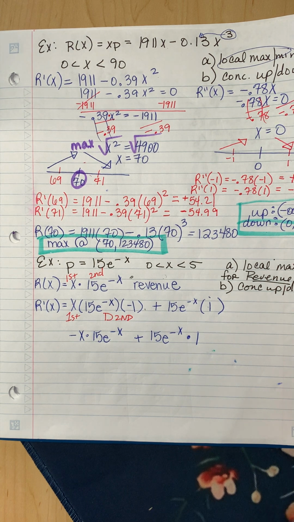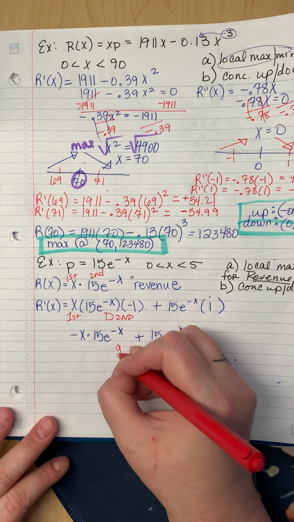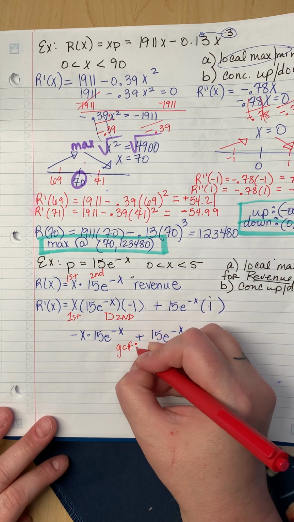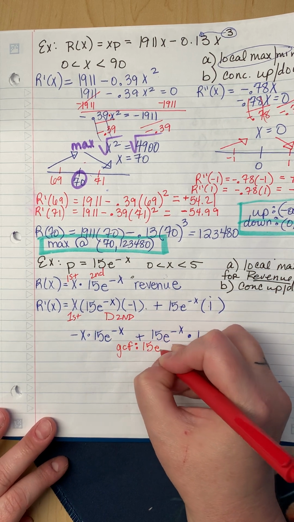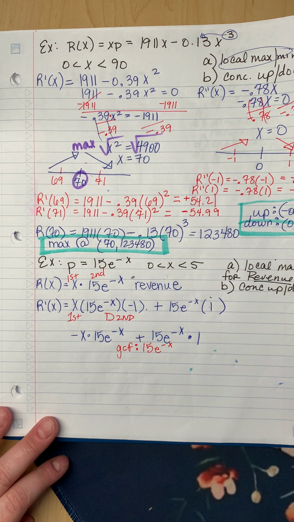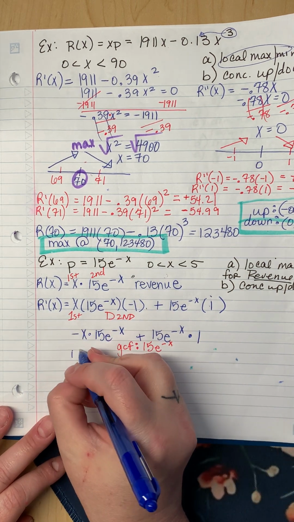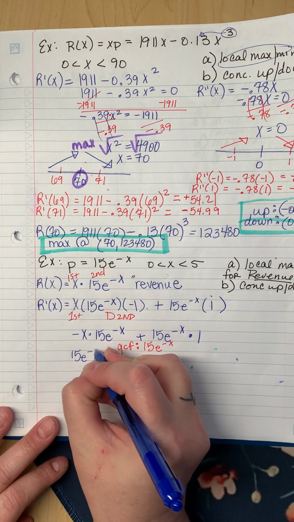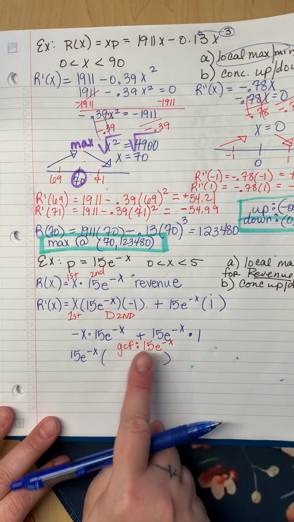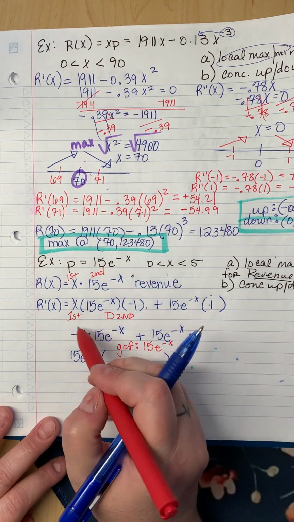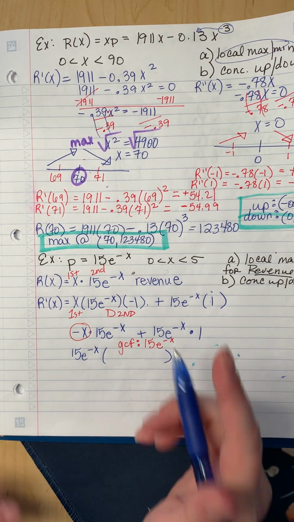What we're going to do is say that 15e to the negative x is a GCF. As in, we're going to take it out from both of these. So we're going to have 15e to the negative x. If I take that away from this first term, all I have left is a negative x inside.